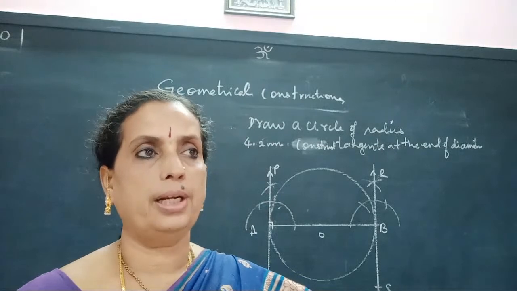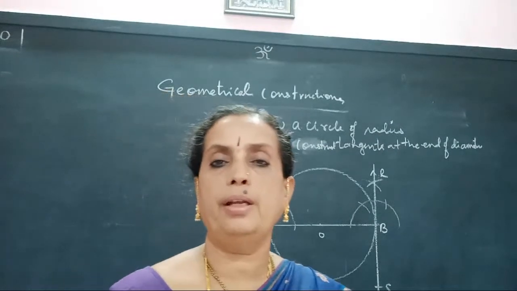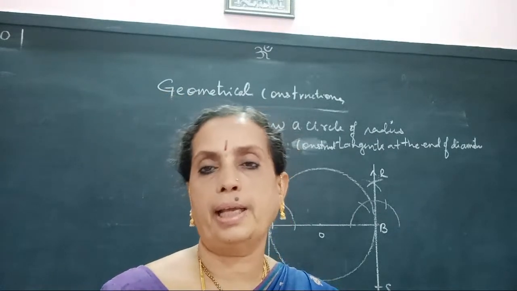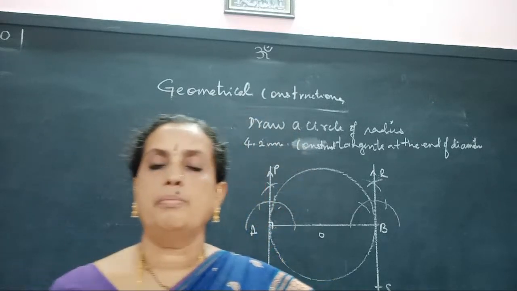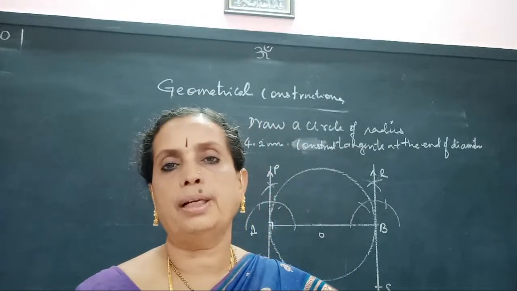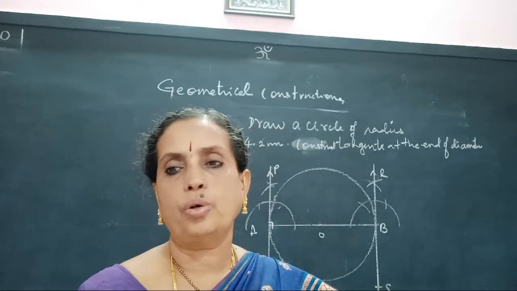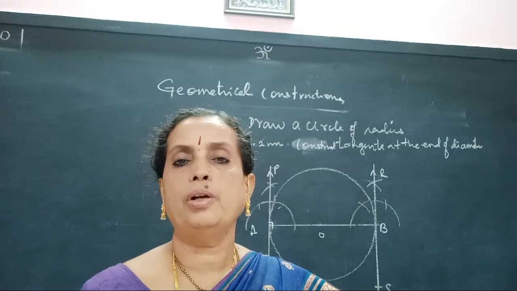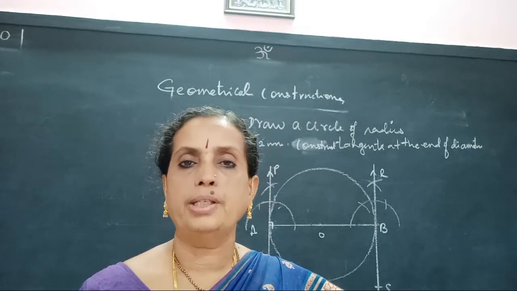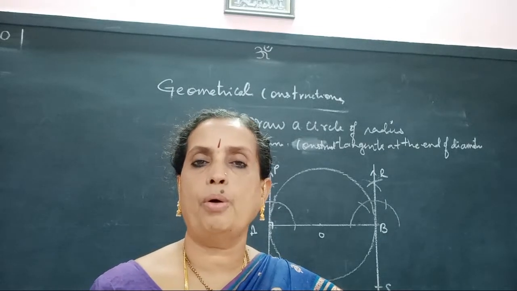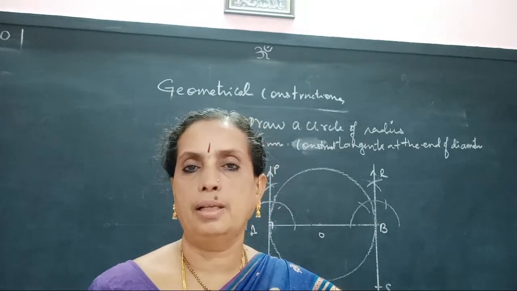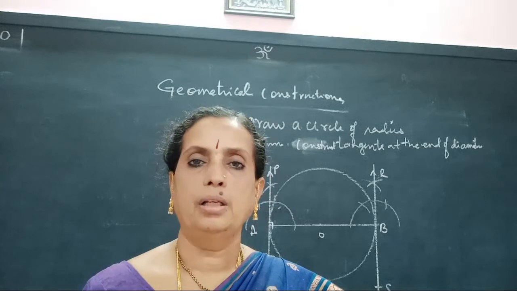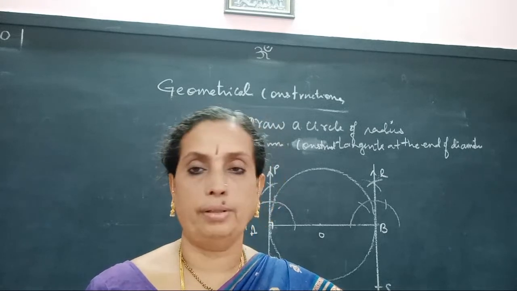So when we consider an external point and construct tangents from there and measure them, you will get the same measurement from both tangents. This is also one of the properties of the tangents. Tangents drawn from an external point to a circle are equal in length. Now based on that, take the question.